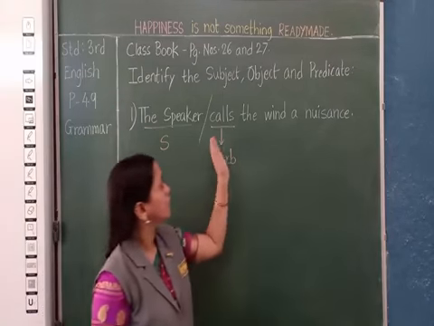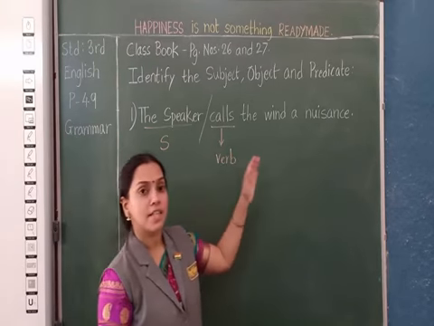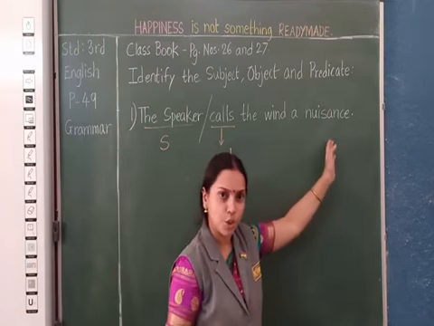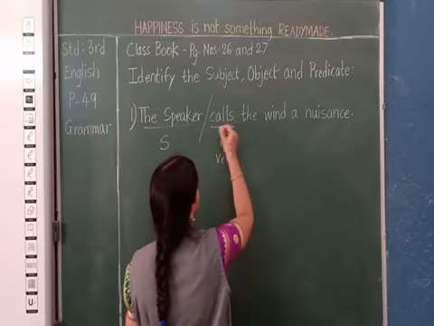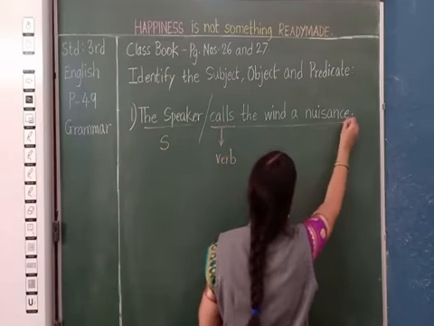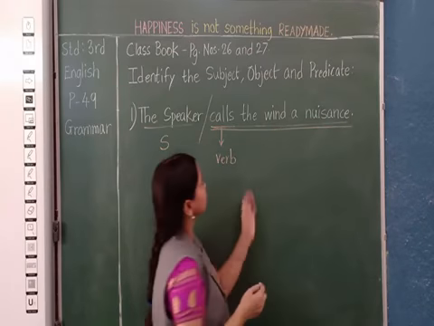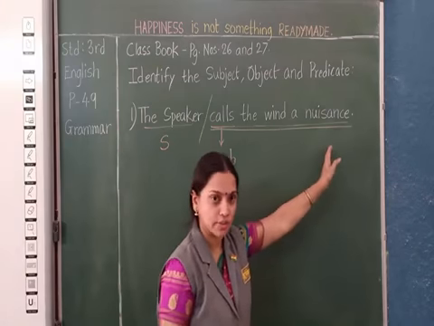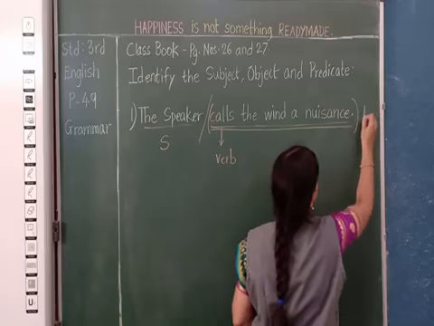And now you know what the predicate is. It tells us something about the subject. So calls the wind a nuisance is a predicate. Let us double underline the predicate. This whole thing is a predicate.